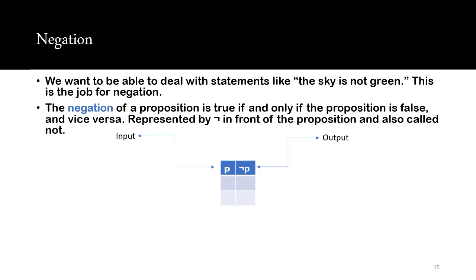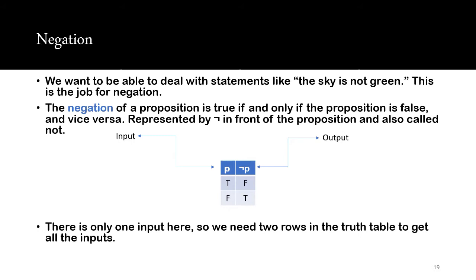So here's a truth table. We have the input and we have the output. Let's write our first input. It has to be a true, right? Because the first half is always true. The second one has to be false. So not P will just flip the truth value. T turns to F and F turns to T. There's only one input here, so we need 2 rows in the truth table to get all the inputs.